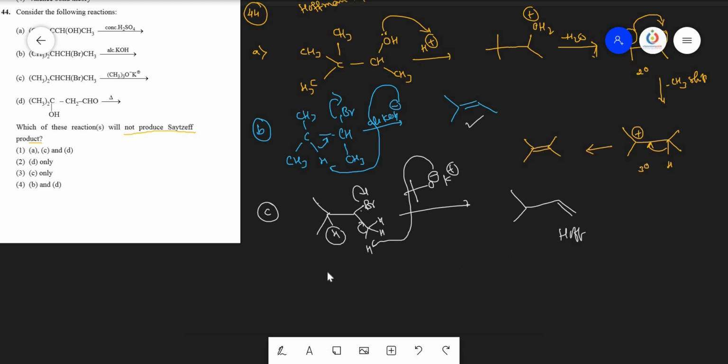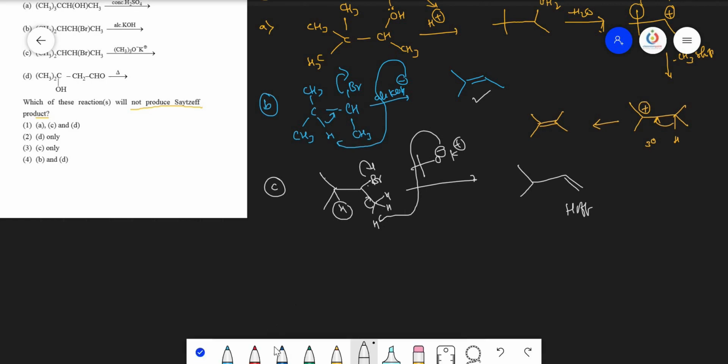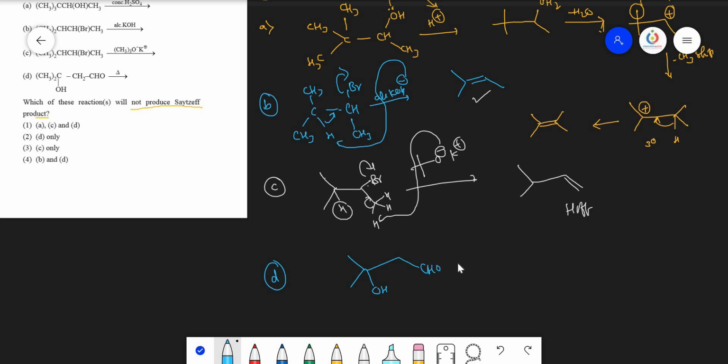And similarly, let us see the last one, D. In D, the molecule given is an aldol. When it is heated, hydrogen from here is eliminated and finally H and OH together are removed in the form of H2O and we get this particular molecule.